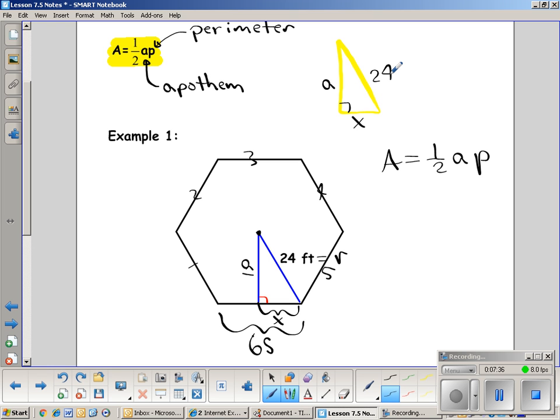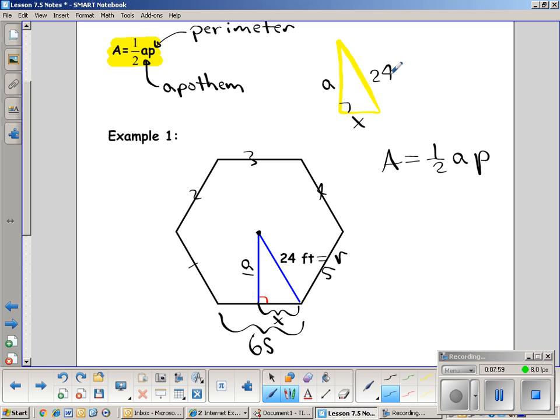Now, did they tell us this is a 30, 60, 90? No. Did they tell us it's a 45, 45, 90? No. Do I have two sides, so I can use Pythagorean theorem to find the third side? Or you have one side. Yes, but I need 2 to find the third side, using the Pythagorean theorem. So I don't have that either, do I?